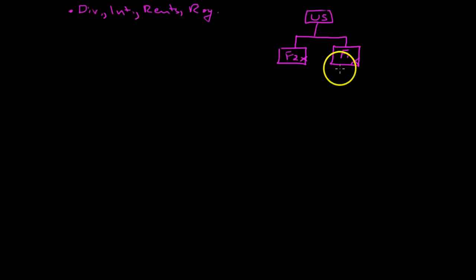And the simplest example is an item of rent. So if F1 pays an item of rent to F2, then it's possible that that is not subject to these anti-deferral rules. Or it's subject to the anti-deferral rules, just not subject to tax due to the exception. So here, what you're really looking for is that you need to have related parties, and they need to be in the same country.